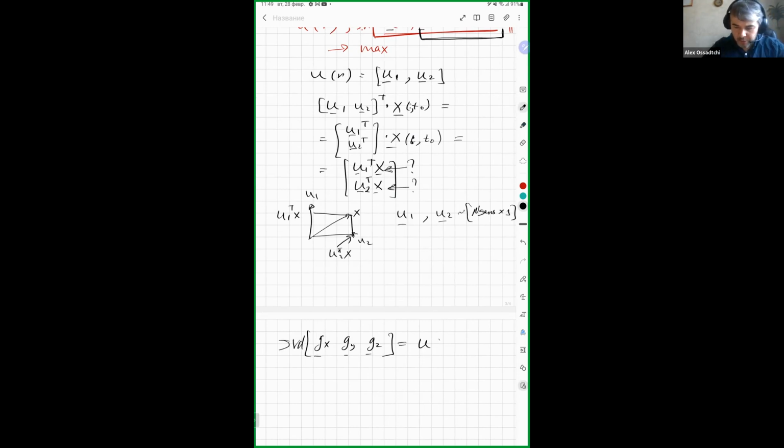You arrive at U S V transpose, and U spans the same space as Gx, Gy, and Gz span. So it's just a basis in the space spanned by Gx, Gy, and Gz. So the span of the column space of U is equal to the span of the column space of the Gx, Gy, Gz matrix.